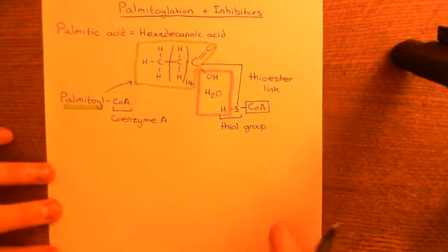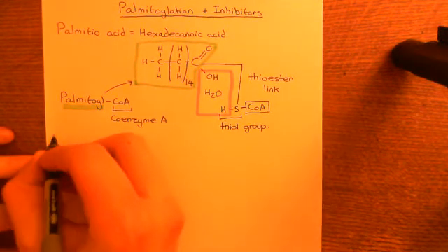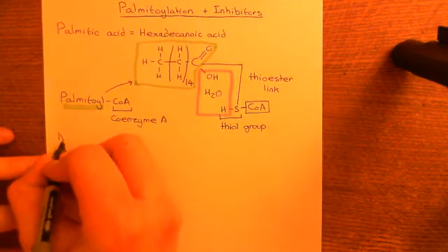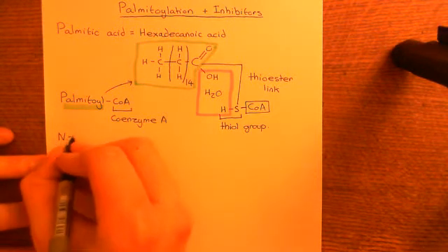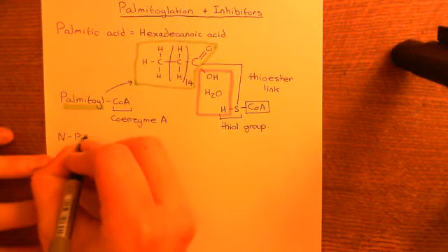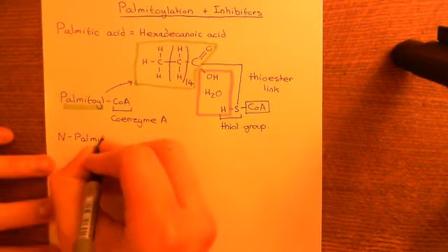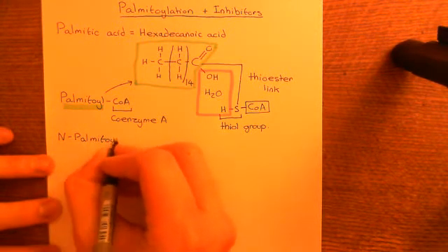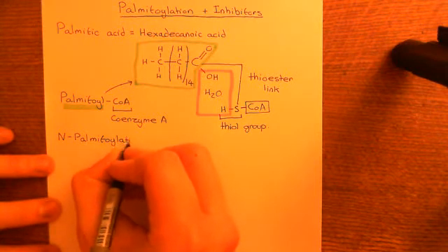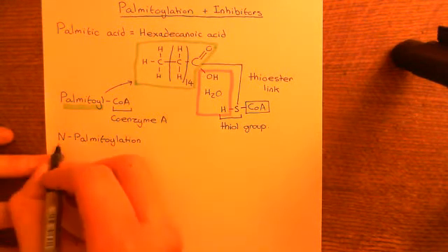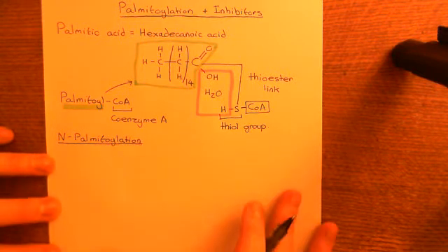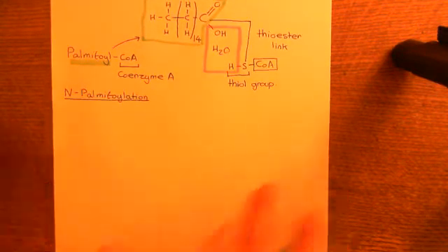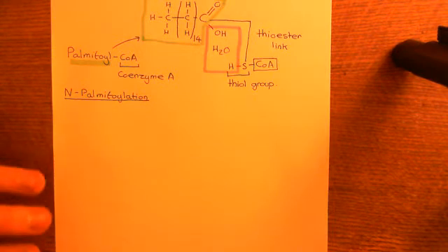Okay, so we're going to start off with a very rare form of palmitoylation, rare compared to the other form, which is N-palmitoylation. Now, this isn't really the star of the show. S-palmitoylation, which we're about to come to, is the star of the show, but for completeness, I want to mention N-palmitoylation. Okay, right, so what is N-palmitoylation then?